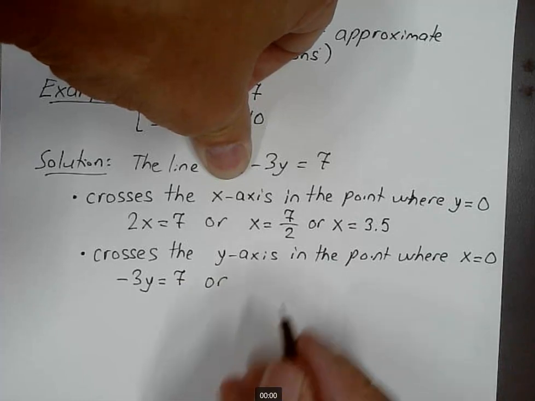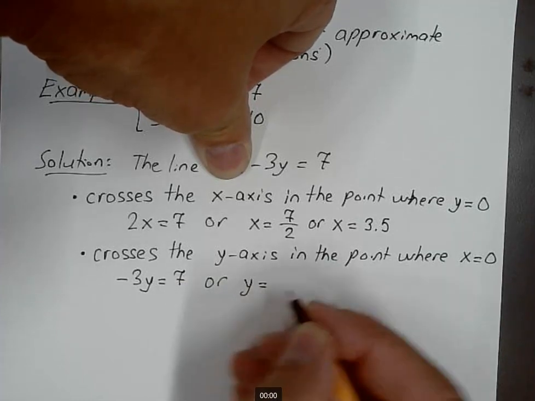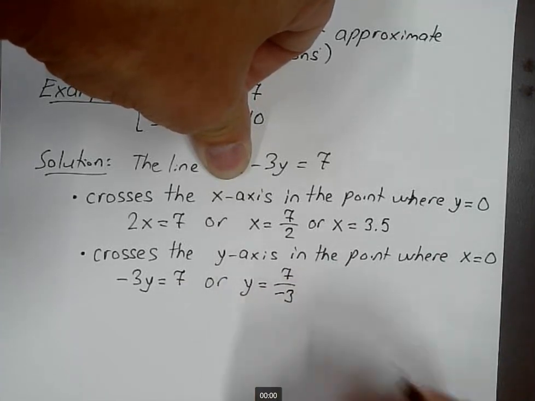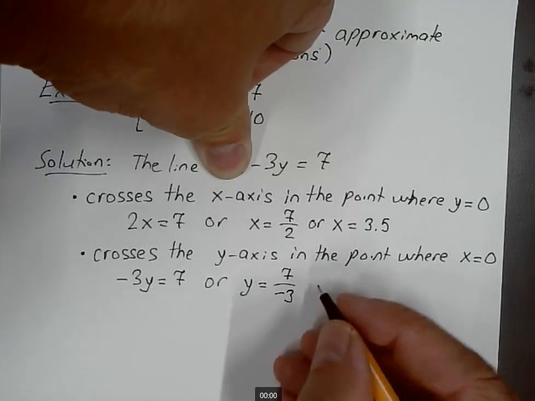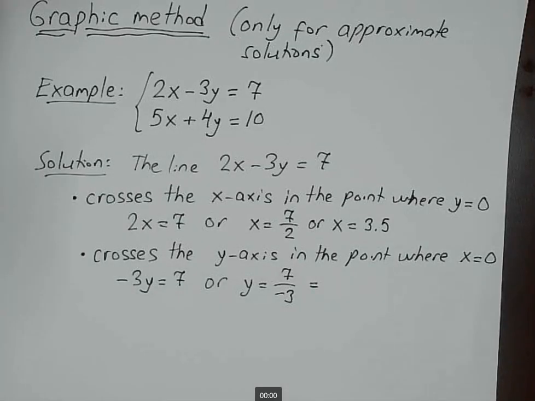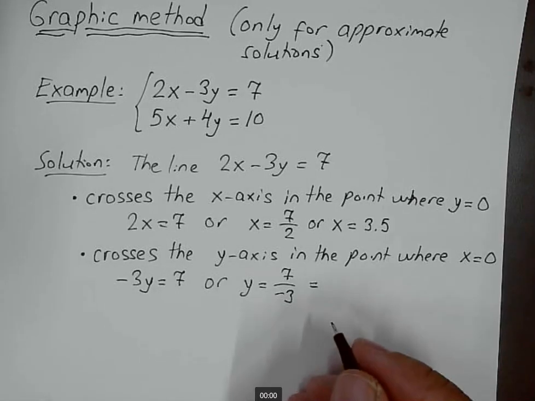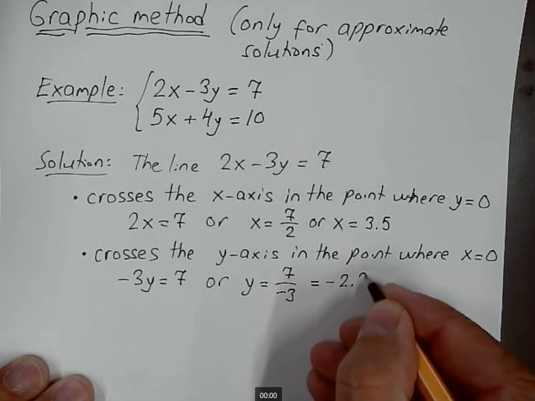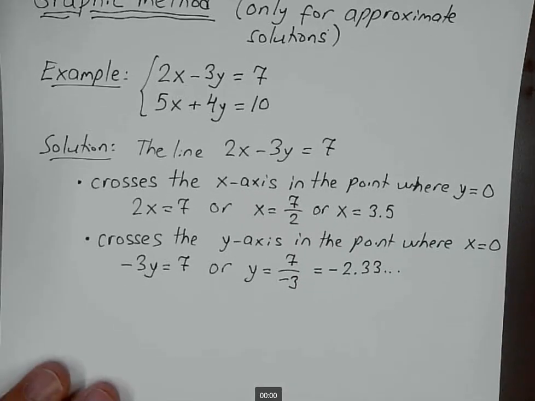When we solve this, y equals 7 divided by minus 3. I will take some kind of approximate value of that. It is minus 3.333, etc.